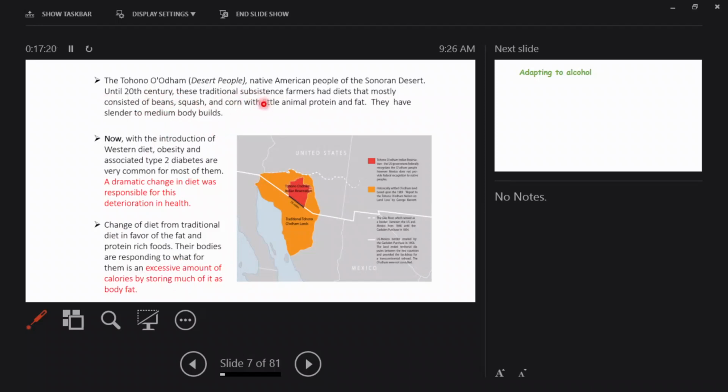Beans, squash, and corn do not contain a high amount of calories, but that was fine for these desert people. After the introduction of Western diet, which has a high amount of calories per serving, the excessive calories are stored by their body, because their body is very good at utilizing calories from food. Because of the high calorie intake, they can easily get type 2 diabetes.